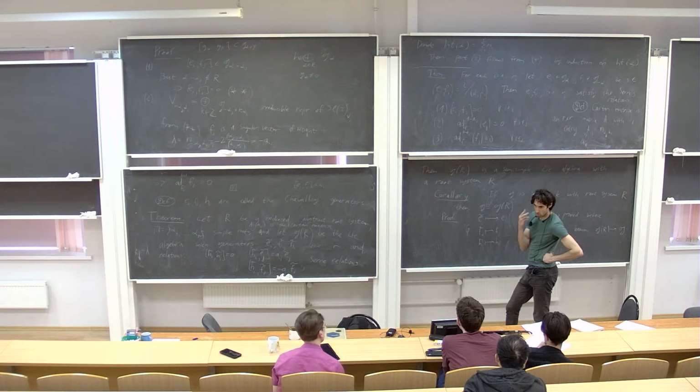If I give you two, there are no two non-isomorphic Lie algebras with the same root system. That's the uniqueness I would like.